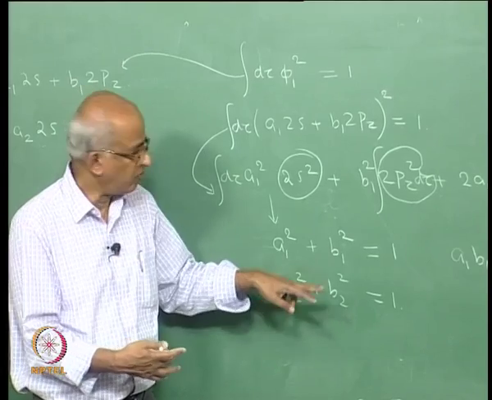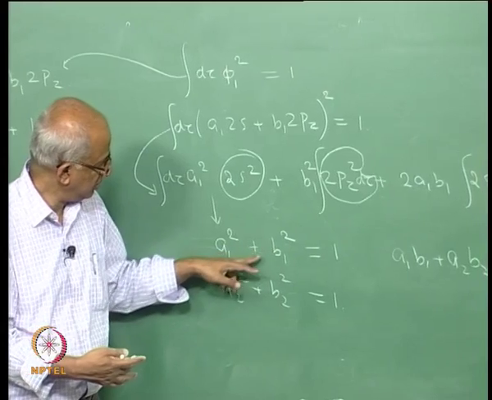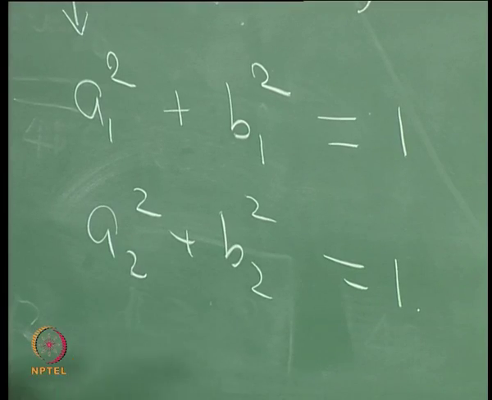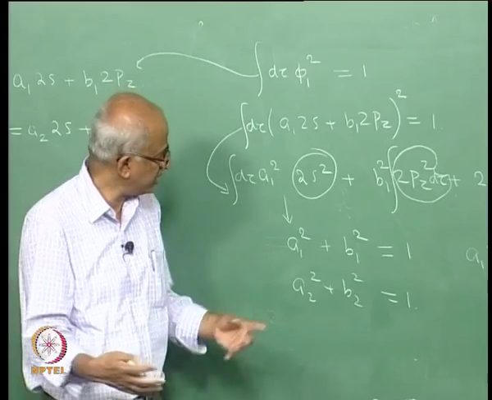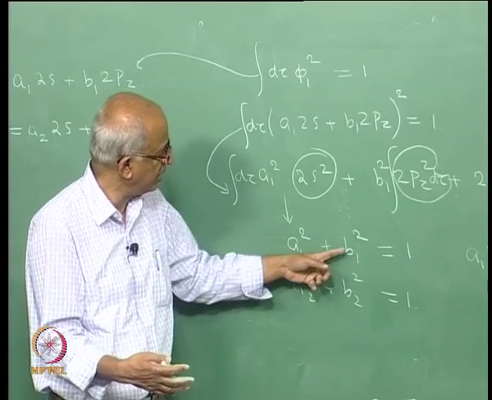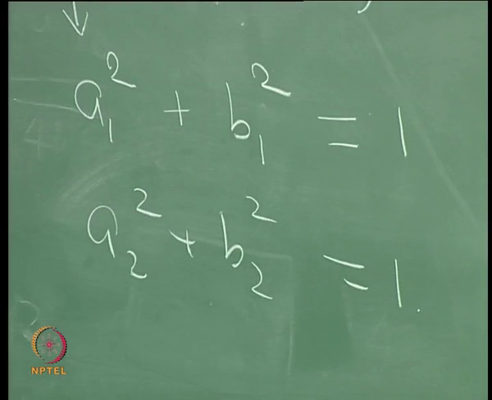The orbitals should have the same p contribution and the same s contribution, and to ensure that you should have these two equal, and these two also equal.